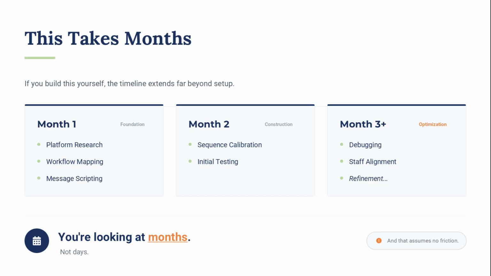Then month 3 and beyond: debugging, staff alignment, refinement. Systems don't just get built, they get adjusted. And that's assuming nothing breaks, no delays, no rework, no friction from daily operations. So, what looks simple on the surface quietly becomes months of coordination. And when you look at it clearly, you're not looking at days, you're looking at months.